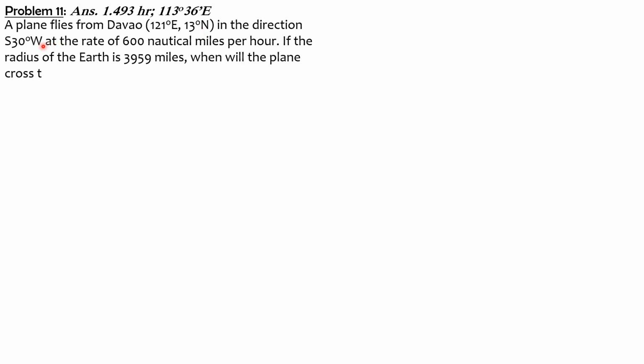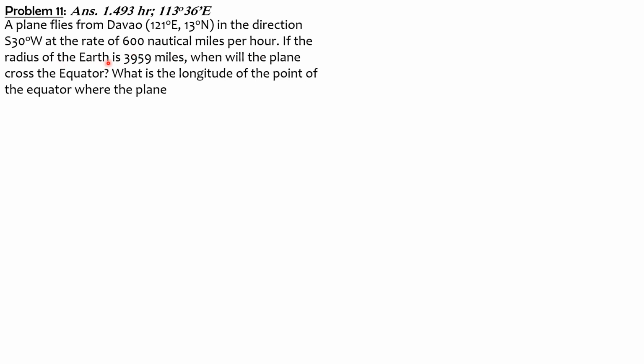There are two parts. In this problem, a plane flies from Davao with 121 degrees longitude, 13 degrees north as latitude, in the direction south 30 degrees west at the rate of 600 nautical miles per hour.